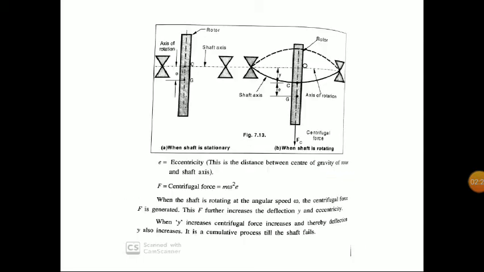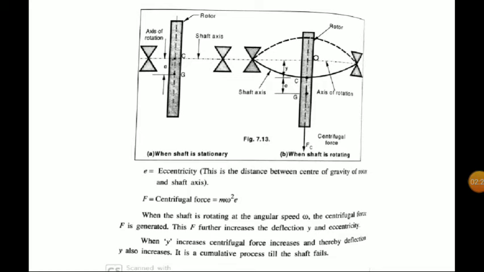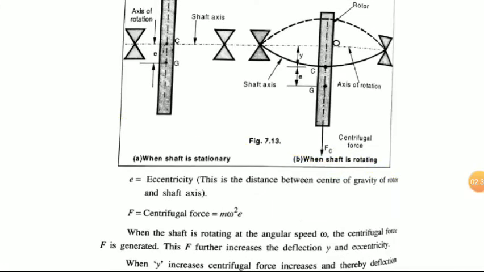And here you can see when the shaft is deflected from the initial position to a new position, C is changing position from the initial dotted line to a new position. And in the second figure, the initial dotted line is shown by a symbol O. So OC is the extra deflection produced due to rotation of the shaft, and CG is the eccentricity.